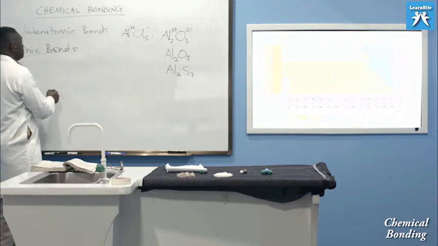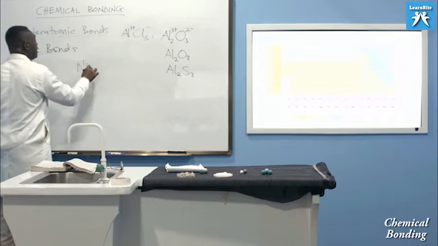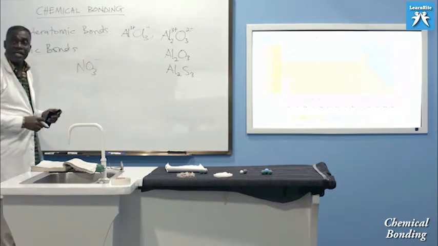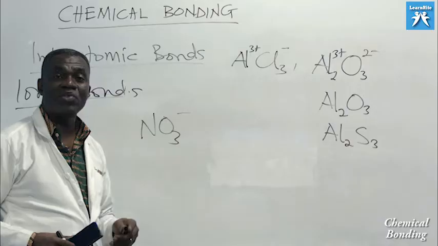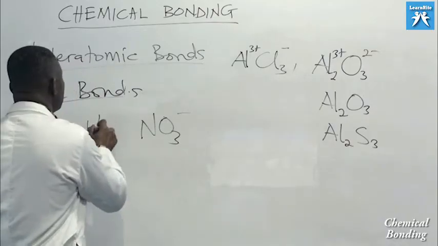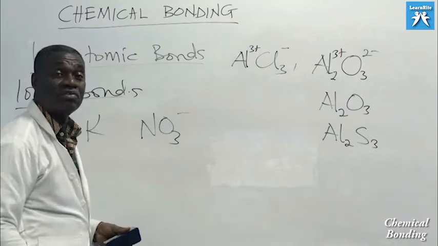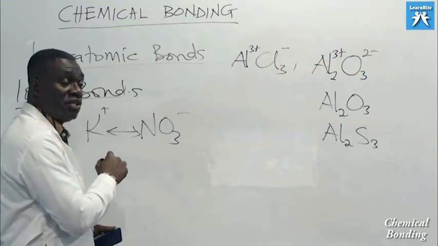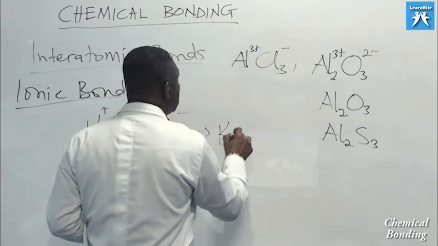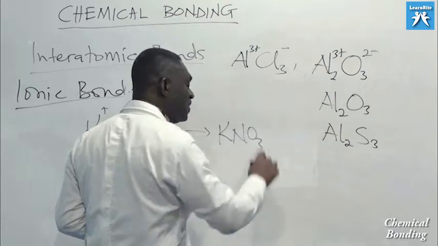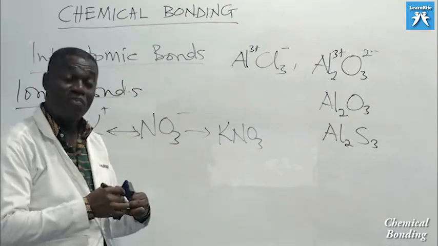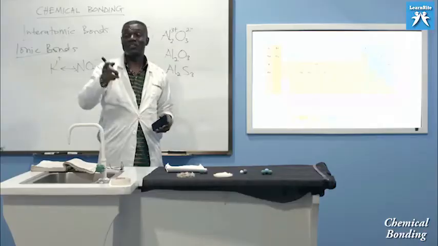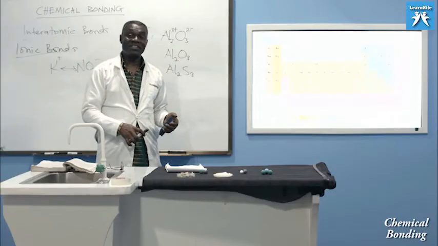If I write a nitrate ion, NO3 minus, this will be called a radical. It is having a -1 charge. If I brought a potassium that has lost an electron somewhere, plus to it, these two will attract each other by electrostatic force of attraction. So we have something we call potassium nitrate. And you know potassium nitrate, you've been using it in the house all the time, particularly you girls. When you are cooking beans, you drop it in there.